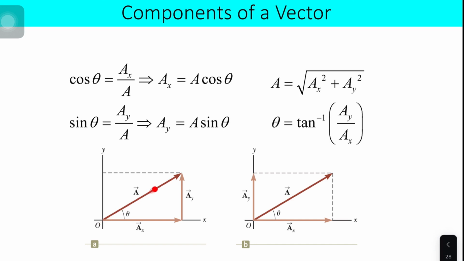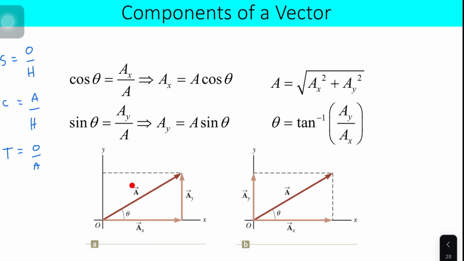So if we have this, the length of the arrow as the magnitude and theta here as the direction, cos theta is equivalent to AX over A. Why is it? If you still remember SOH CAH TOA, cos theta is equivalent to adjacent side over hypotenuse.